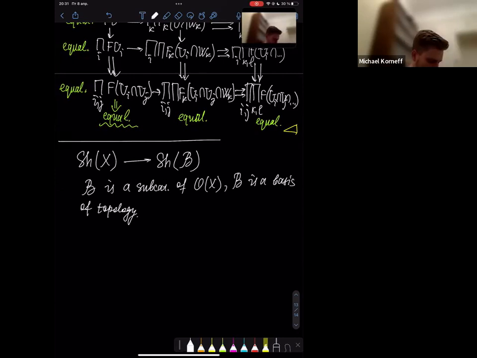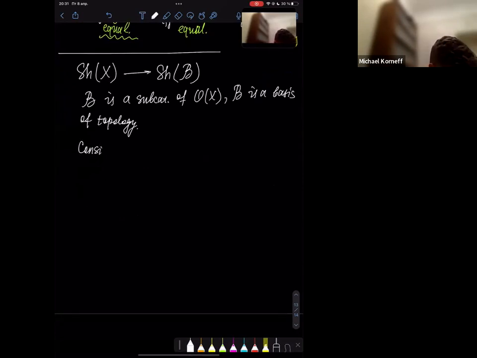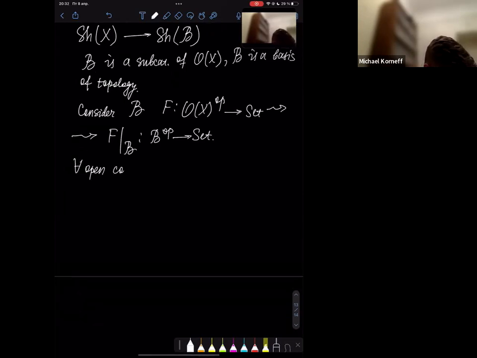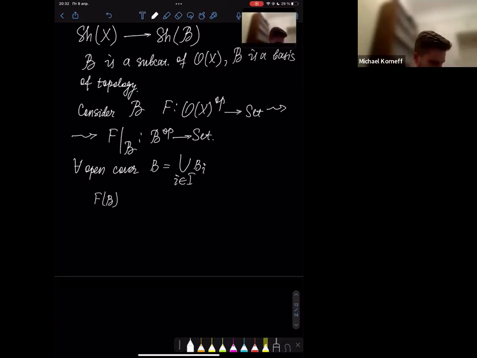This is obvious. Consider such a B, and we can restrict our sheaf to this B. If we have a sheaf F, then we can restrict it to B, and for all open covers we have the following equalizer.